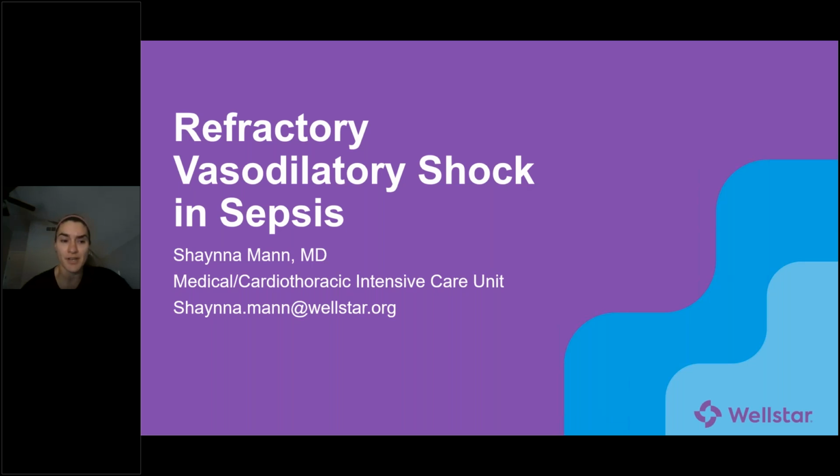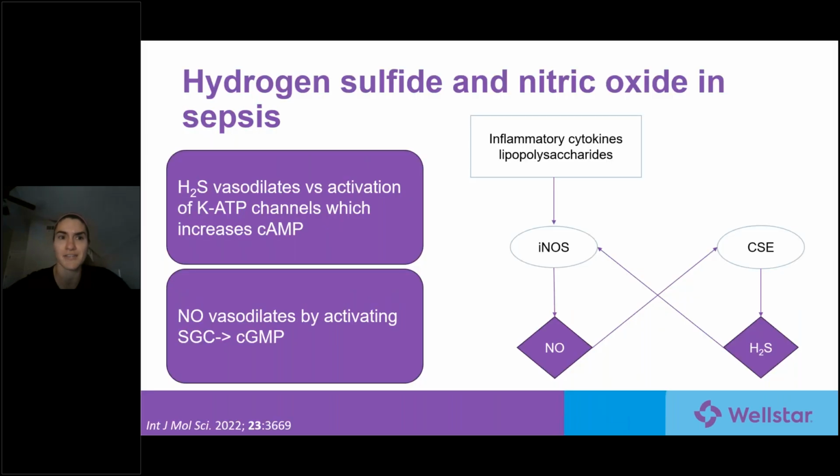This similarity creates the potential that some of the therapeutic strategies that Ashley covered might be applicable to treating refractory vasodilatory shock in sepsis. I'm sure that you have seen from both Marylee and Ashley a similar flow sheet to this.